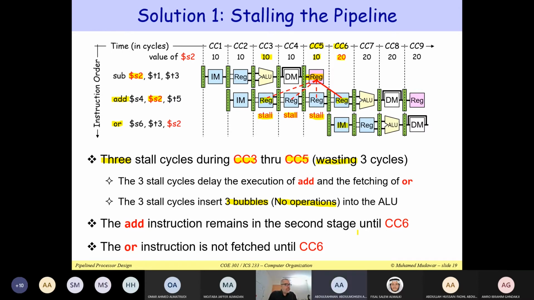Yes. I was going to say that we can skip a line. You cannot skip. You have to fetch, you have to read from the register file. The add instruction, the OR, all of them have to be executed. They cannot be skipped.